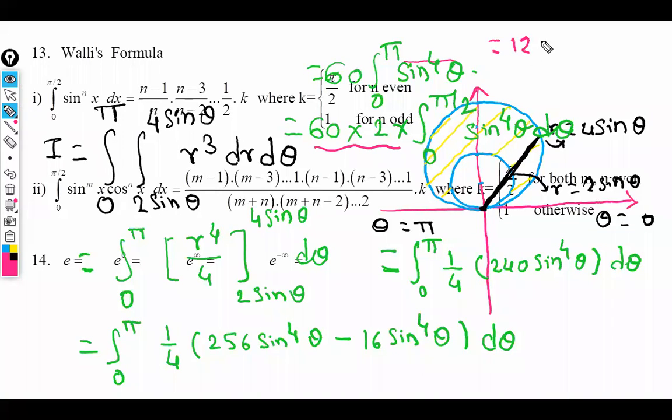Now the formula for sine raised to 4 starts with 4 minus 1, which is 3. So n minus 1 upon n: 4 minus 1 is 3 and n is 4. So 3 over 4, and now subtract 2 from numerator and denominator continuously till you get 1 and 2. So 3 minus 2 is 1 and 4 minus 2 is 2. So you got 1 and 2, and when you get 1 and 2, you have to stop.